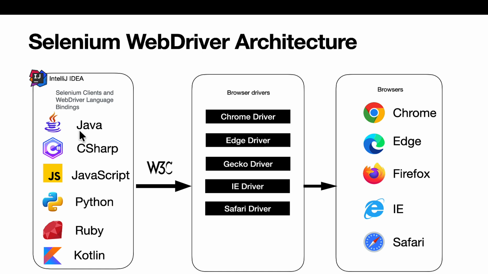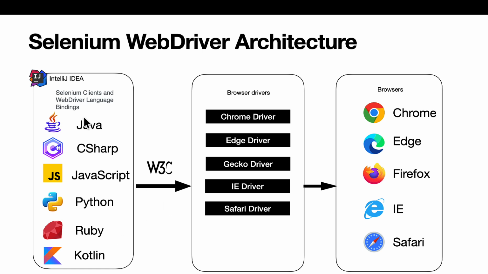These bindings are available on the official Selenium website, or if you are going with Java, you can use build tools also. We'll talk later about what build tools are. You can utilize the Maven repository, where all these dependencies are available, like Java and Ruby.